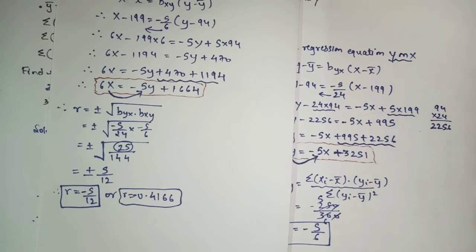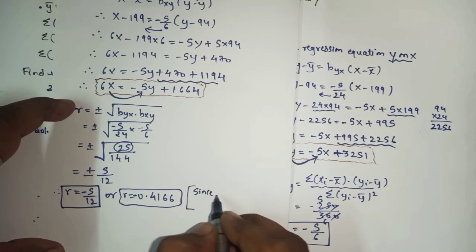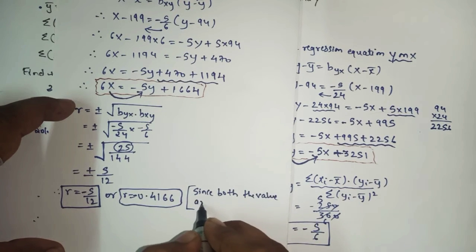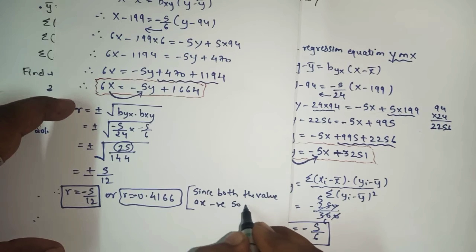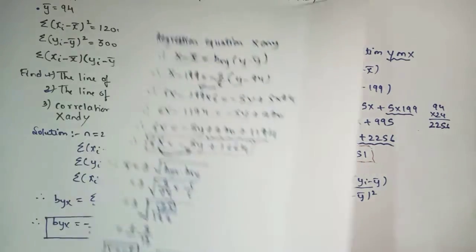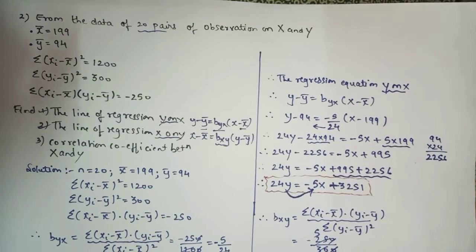So here we got r is minus 5 by 12, or we can say minus 0.4166. And in the reason you can write: since both the values are negative, r is negative. Understood? So in this way you will find your answer when you have the ready-made value.